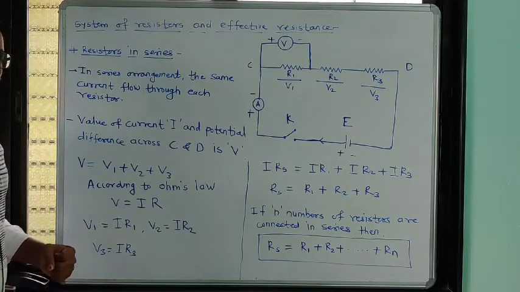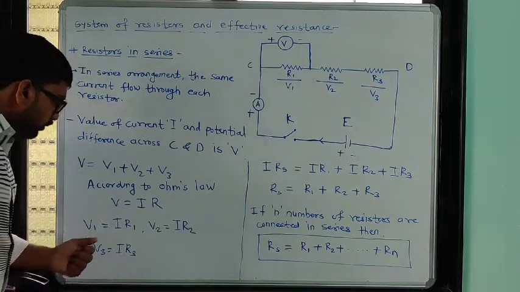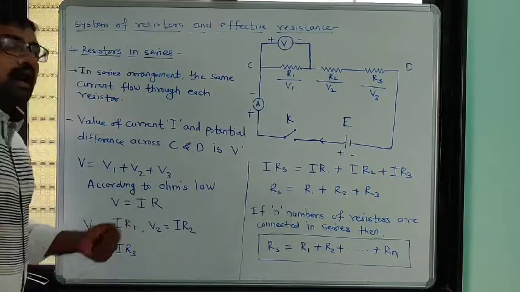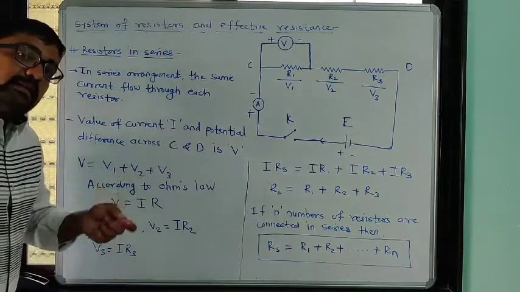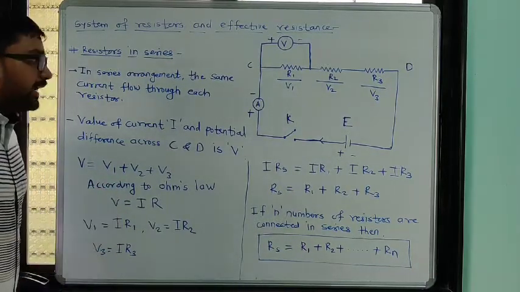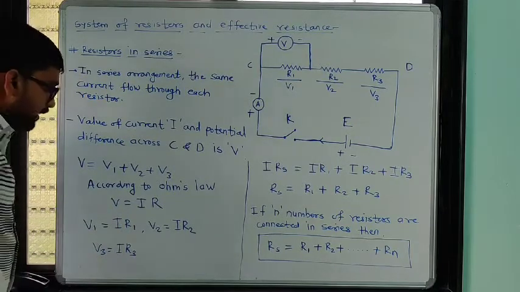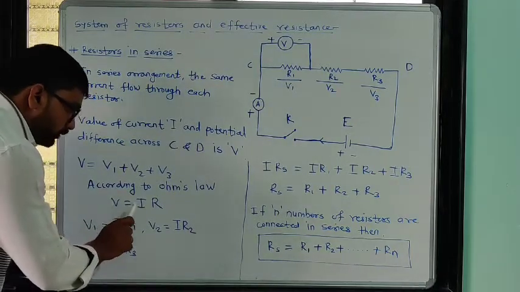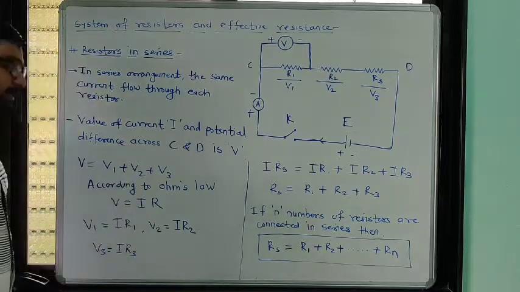We know according to Ohm's law, V is equal to IR, that we studied in the 8th standard. So according to Ohm's law, potential difference V is equal to current into resistance.